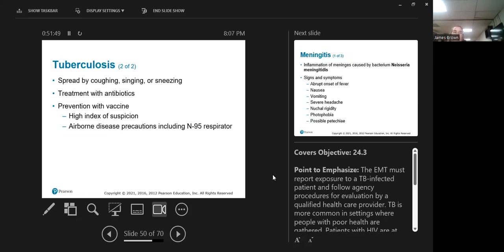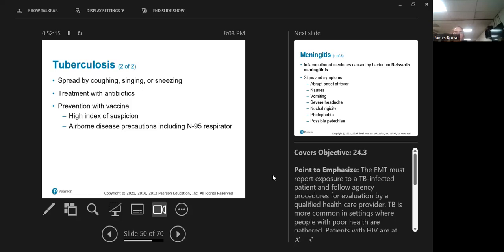It's spread by coughing, singing, or sneezing. It's treated with antibiotics. You can get a vaccine. High index of suspicion.